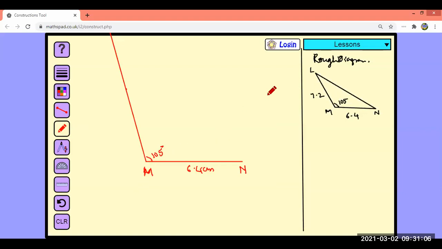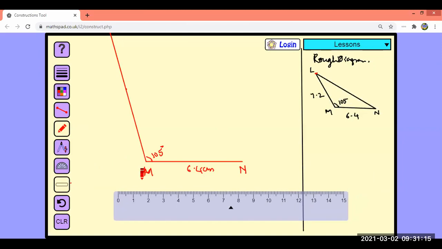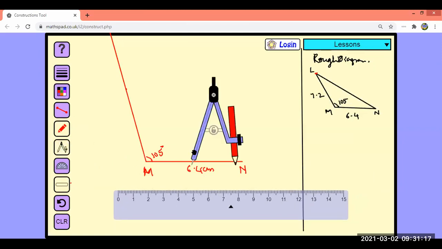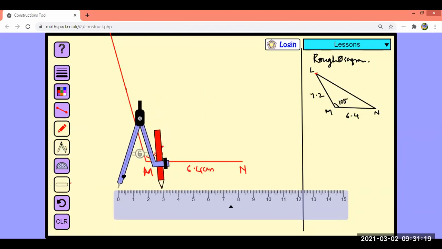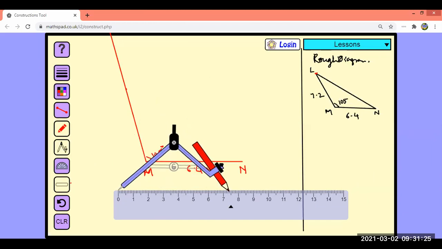Next, we have to get this point L, which is at a distance of 7.2 centimeters from M. So on the compass, we will take a distance of 7.2 centimeters. So here I have placed the steel point on 0, and we take the distance of 7.2 in the compass.